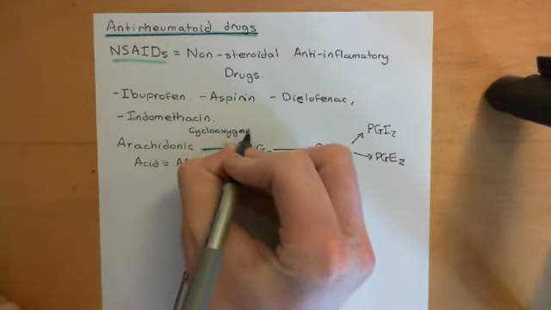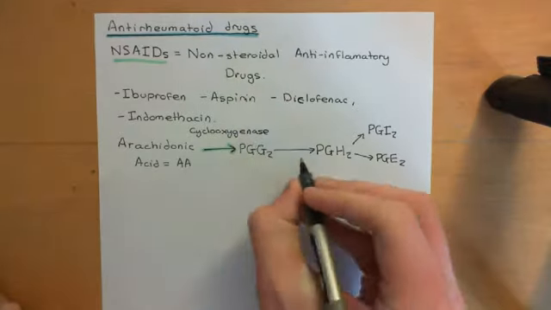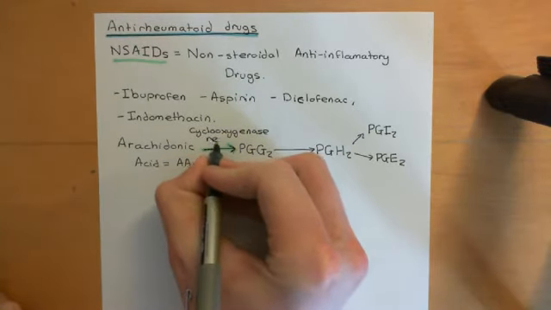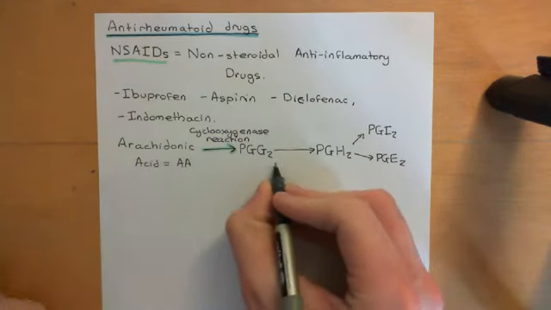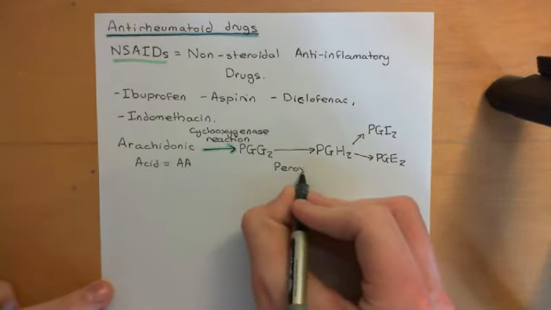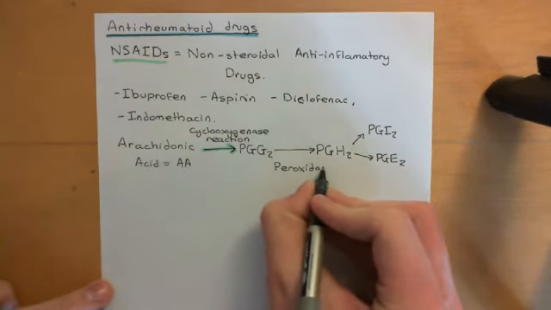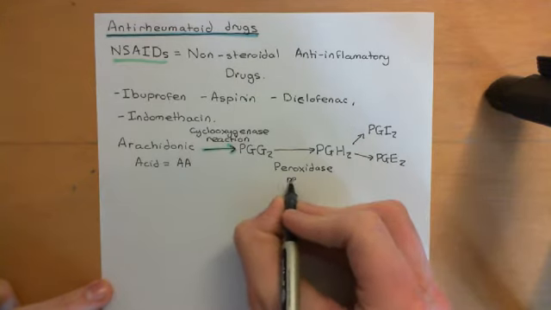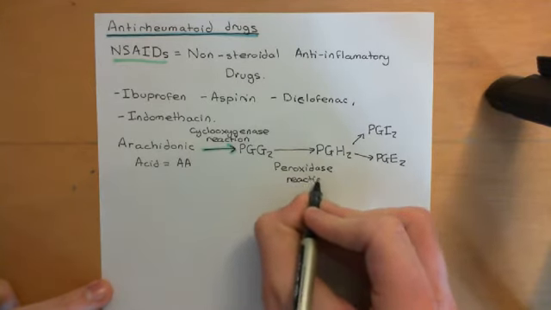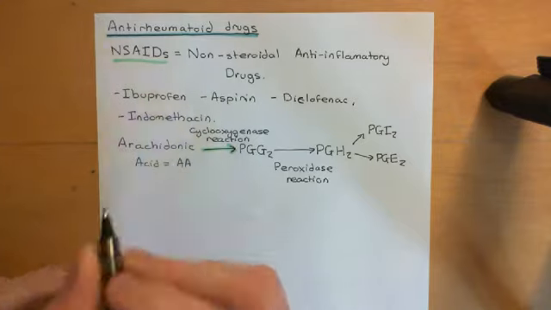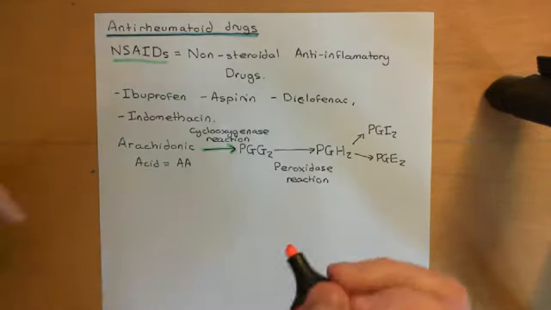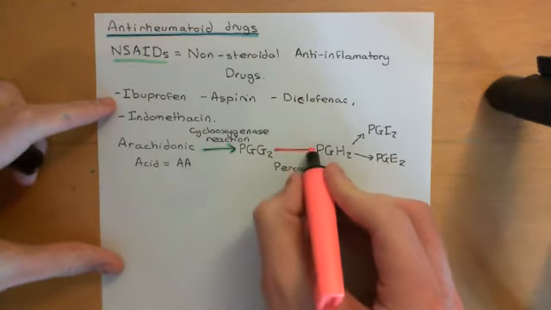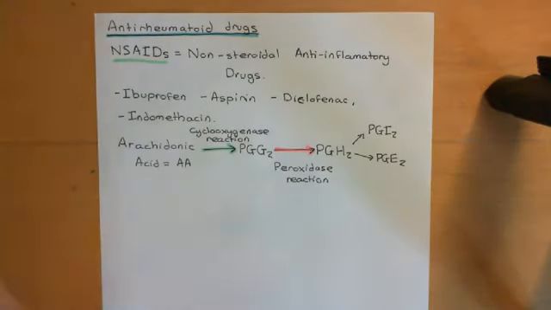Then the second reaction, which is the conversion of prostaglandin G2 into prostaglandin H2, this is called the peroxidase reaction. And both the cyclooxygenase reaction and the peroxidase reaction, which overall achieve the conversion of arachidonic acid into prostaglandin H2, these are both catalyzed by the same enzymes.